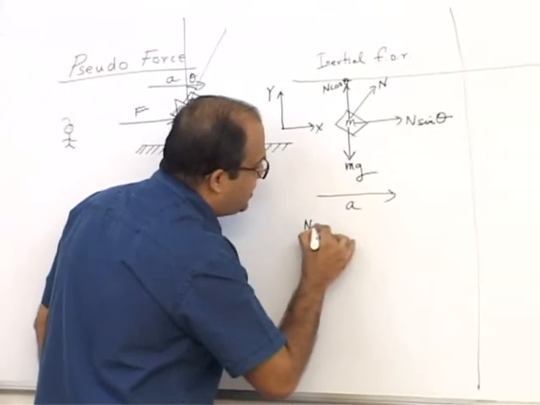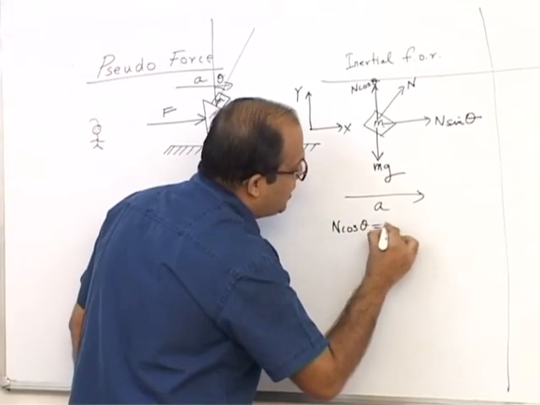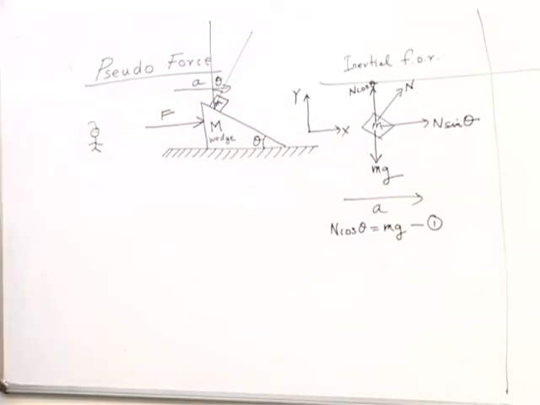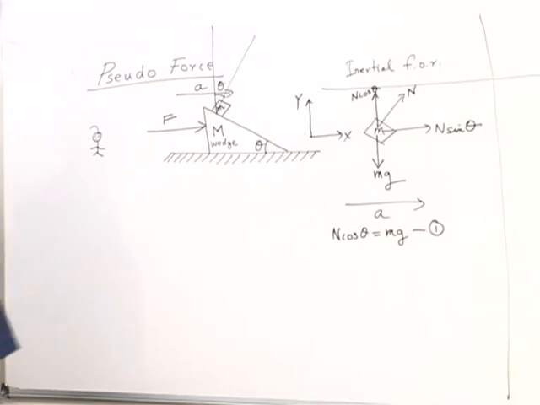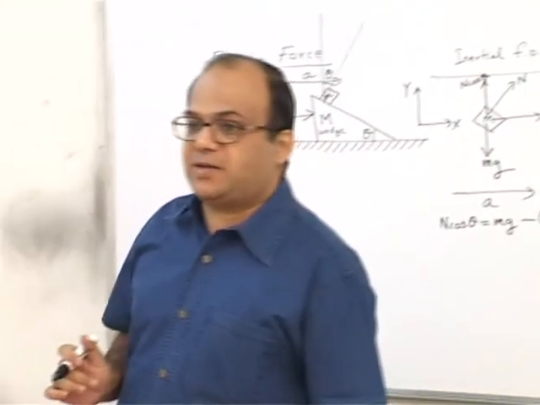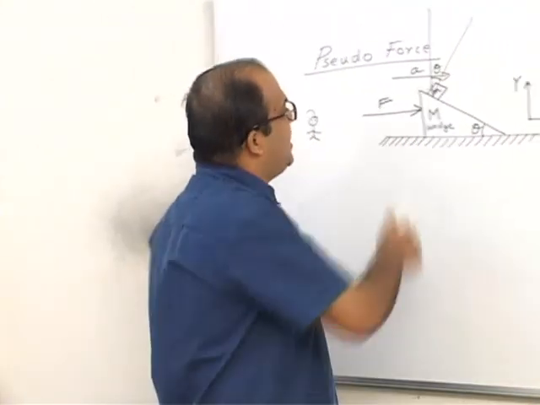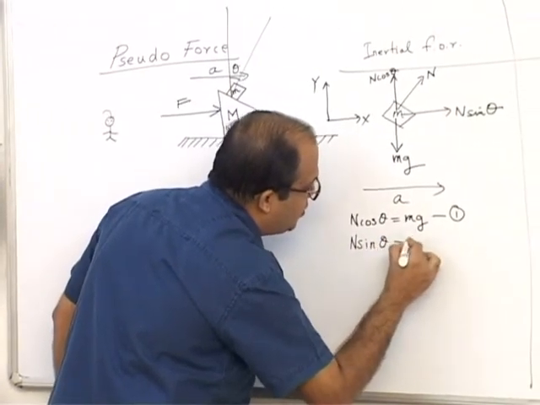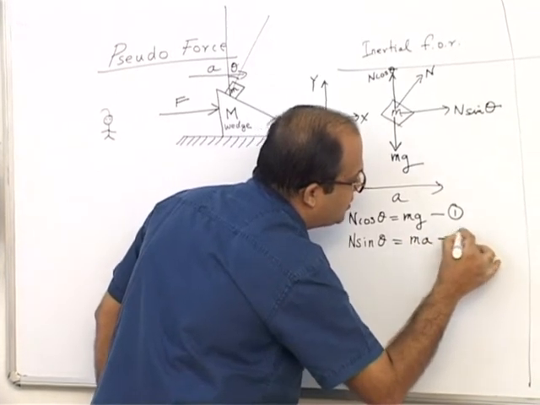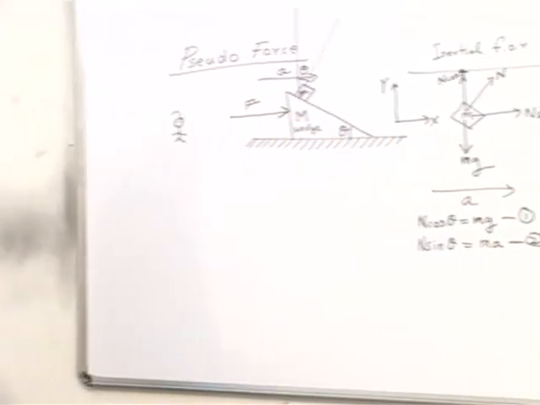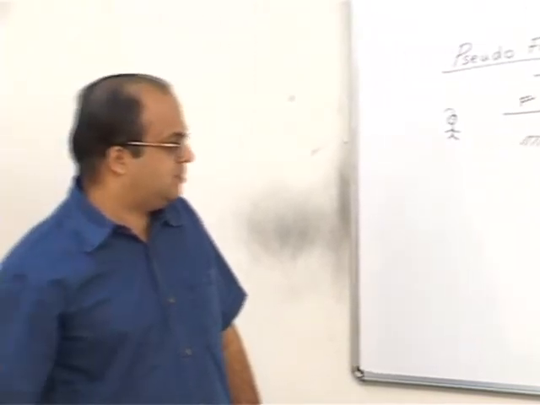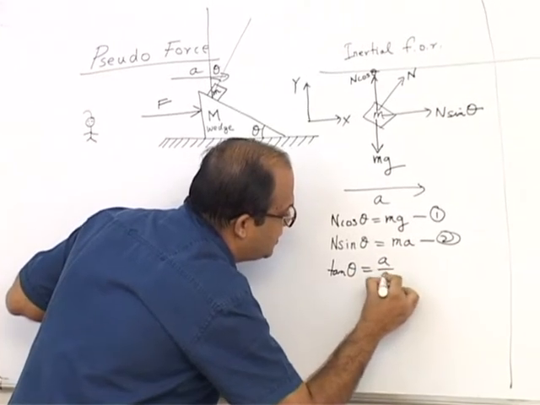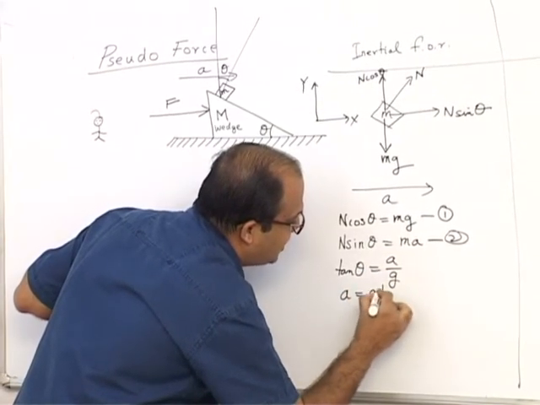Therefore, n cos theta must be equal to mg. This is equation number 1. If you look at the x-axis, only one force, n sin theta, is acting, and that is causing an acceleration. So n sin theta must be equal to ma. That is equation 2. If you divide equation 2 by 1, we get tan theta equal to a by g. So a becomes equal to g tan theta.